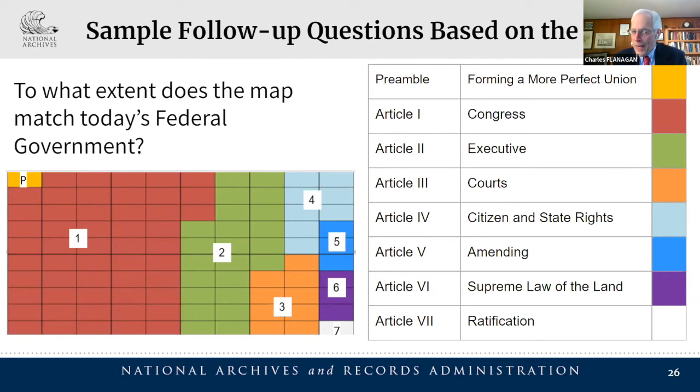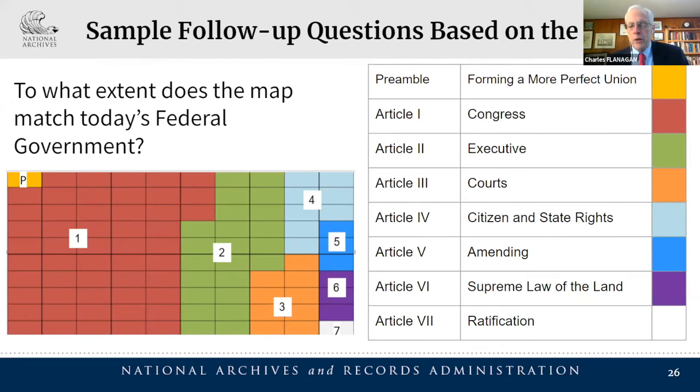Now, if you look at this map, to what extent does this map represent the federal government as we know it today? Is Congress really that much of the landscape of power in Washington? Does the president really play second fiddle to Congress? And of course, we're barred by the Hatch Act from actually taking up that question ourselves. We'll just leave that one out there as a rhetorical question.